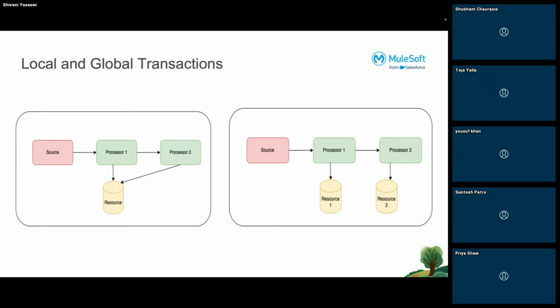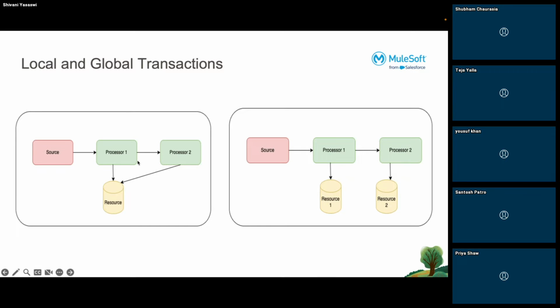Let's take a real life example. Let's say you have a database, an e-commerce database, and inside the e-commerce database, let's say you have different tables. You can have products, you can have payments, you can have orders, but all of these fall under the same database.